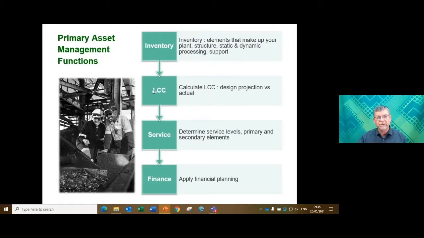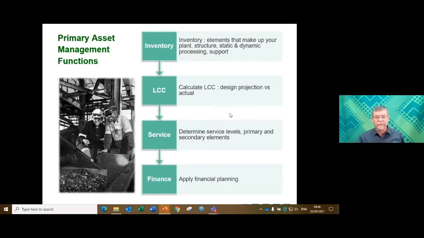The next logical step there is to do a theoretical calculation of your life cycle costing based on design and other service related elements, mostly determined by the OEMs. Following that, the service element: what do you need to do to upkeep the primary elements at optimum service levels? There you have primary and secondary elements that you normally find on the plants.